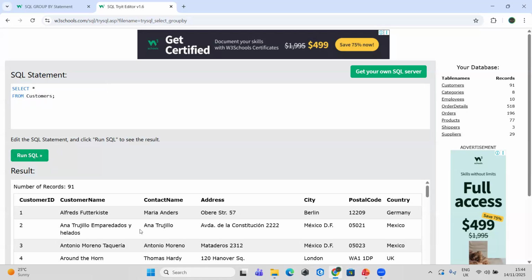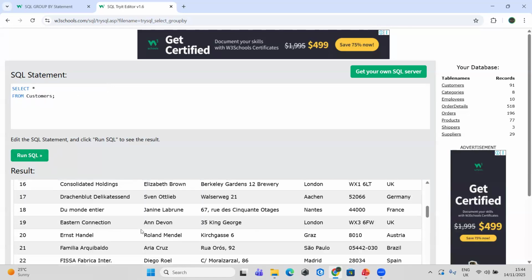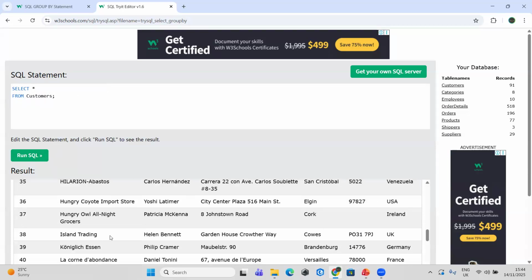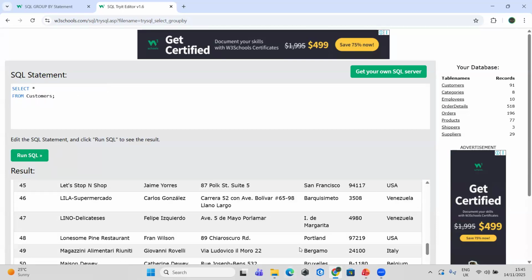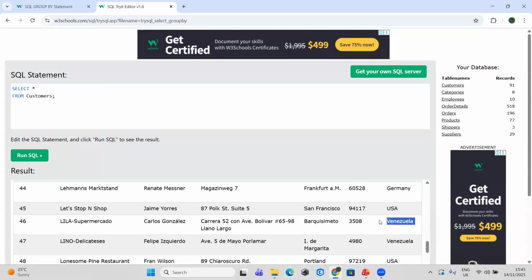So if you look here, for example, for Venezuela, there is one ID.